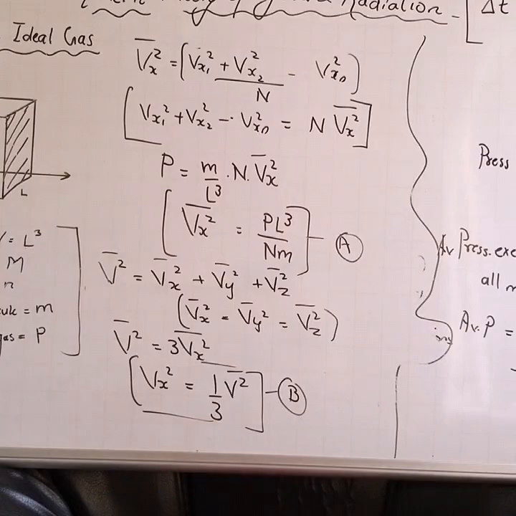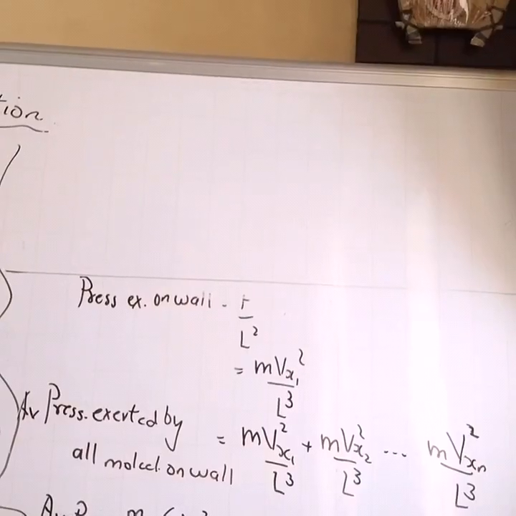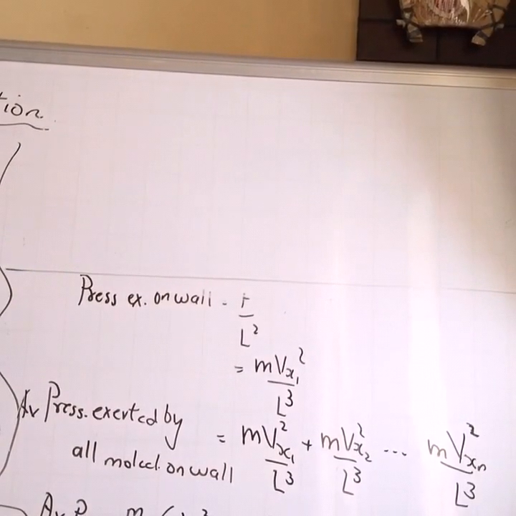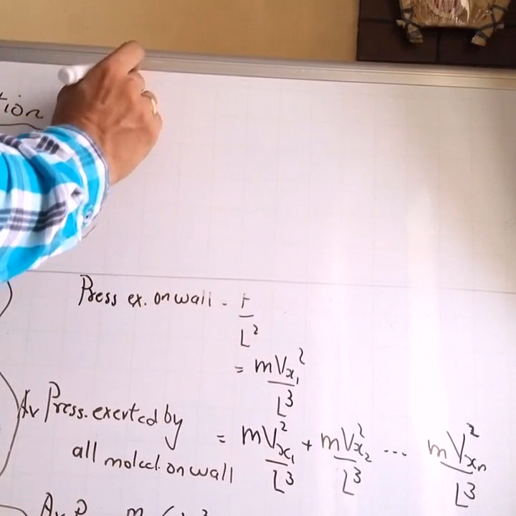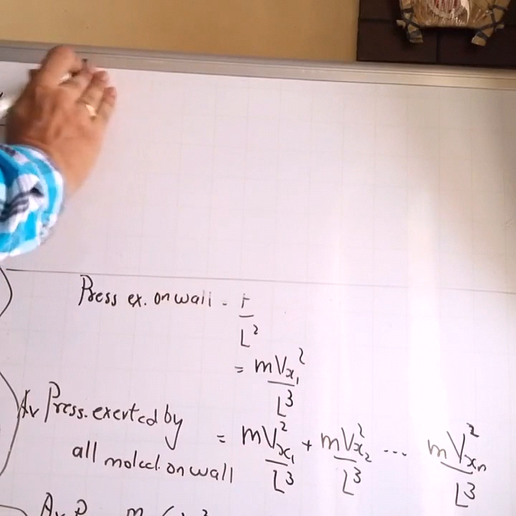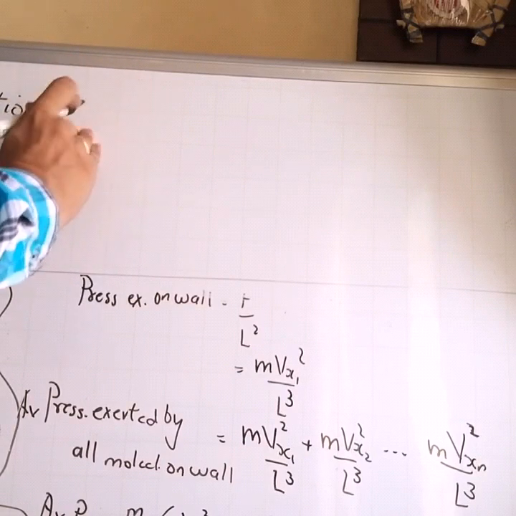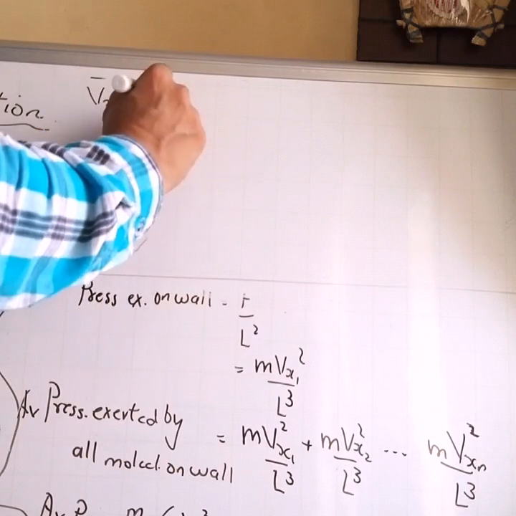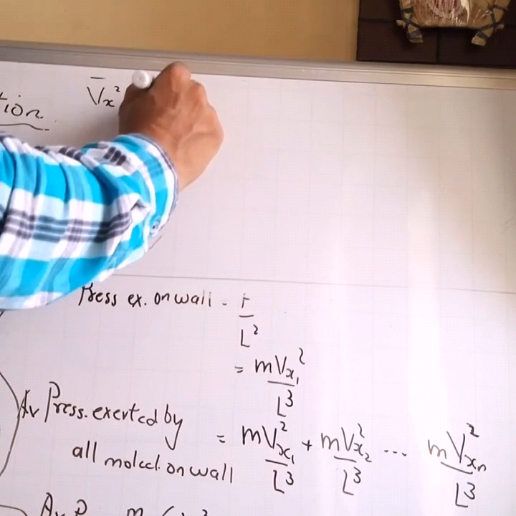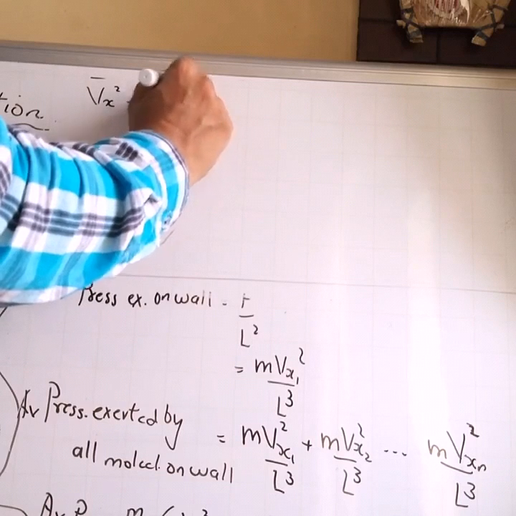What will I get? As I told you, the value of Vx square bar is 1 by 3 V square bar.